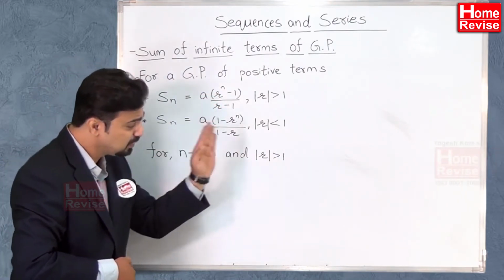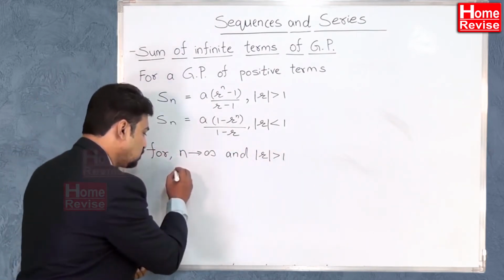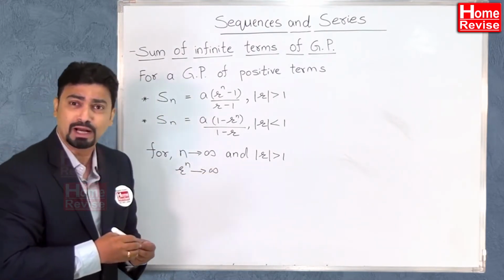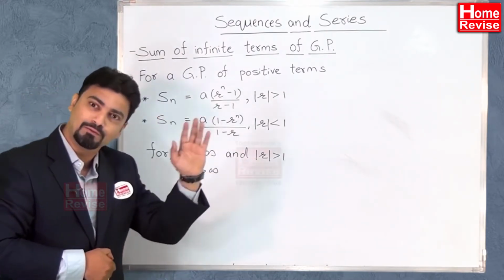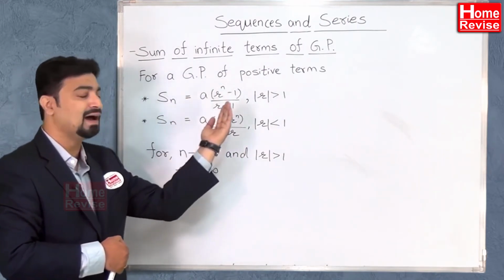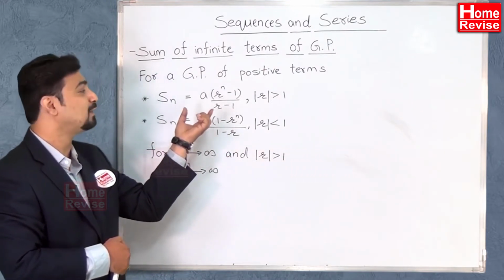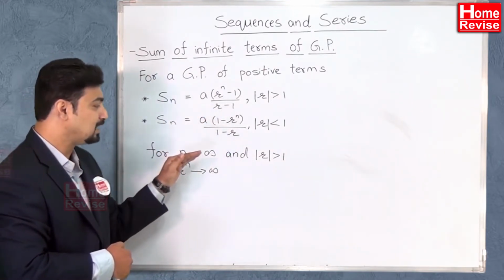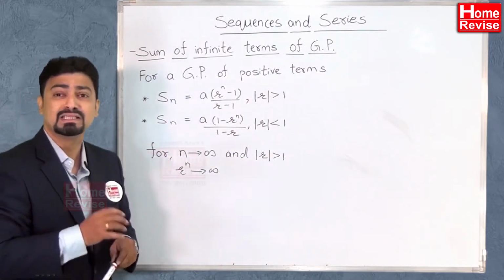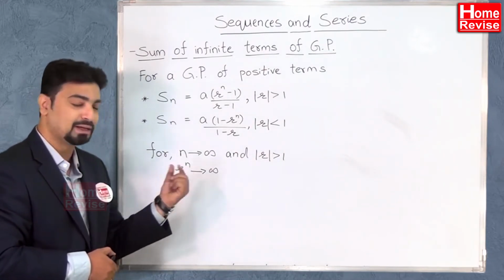For the positive value of r greater than 1, r raised to n will also tend to infinity, correct? So when r raised to n becomes infinity, this entire value will be undeterminable. That means we will not be able to determine the value of Sn for n tends to infinity and when mod r is greater than 1. So in this condition, the sum of infinite terms does not exist because r raised to n becomes infinity.